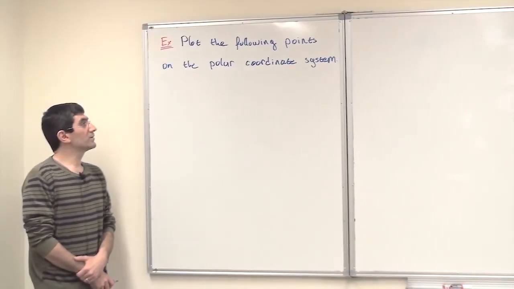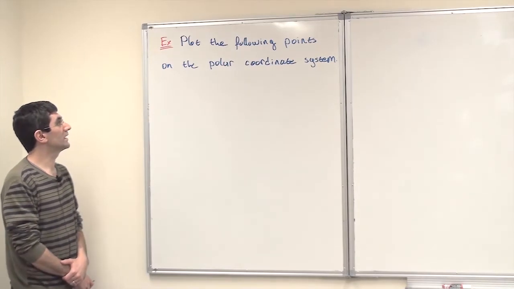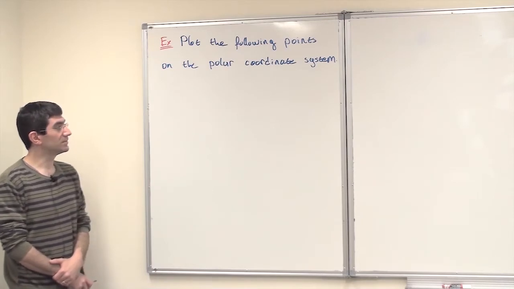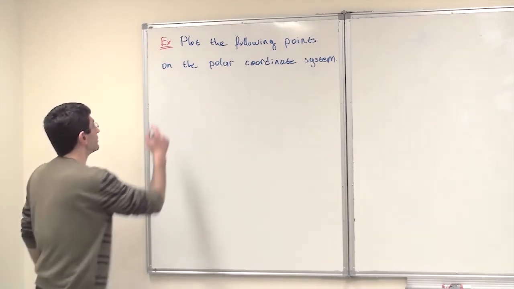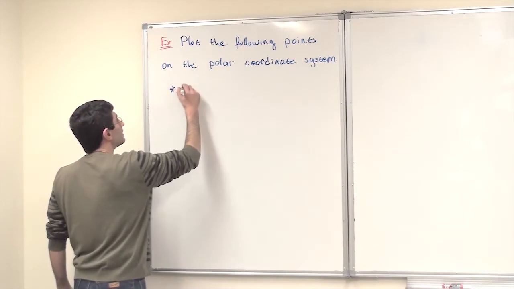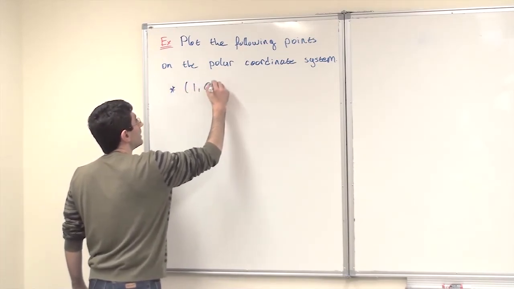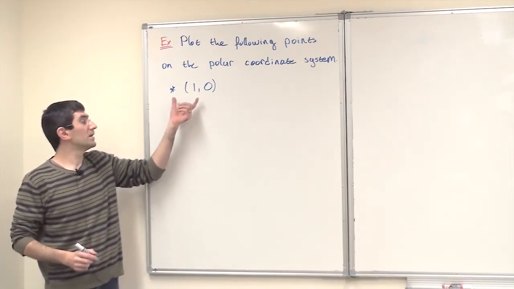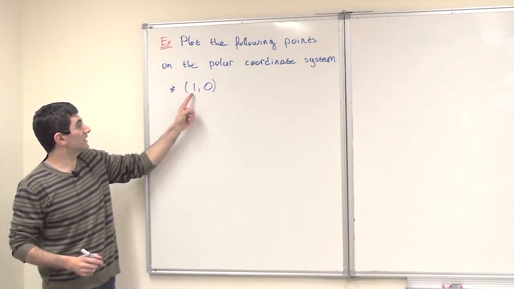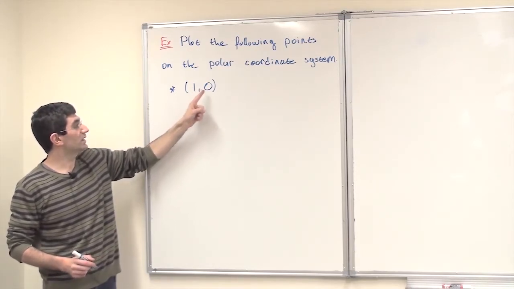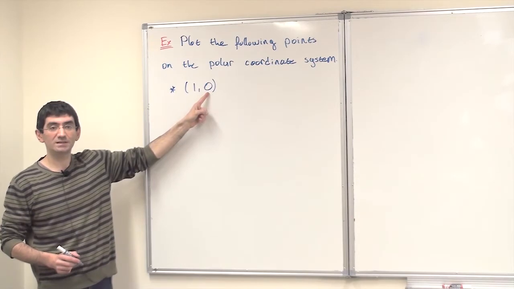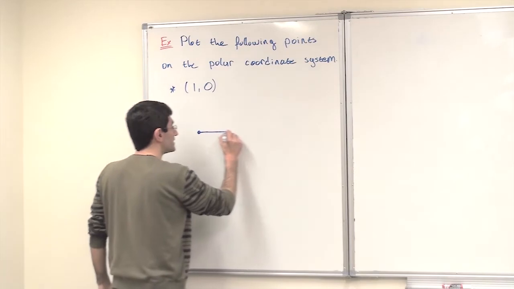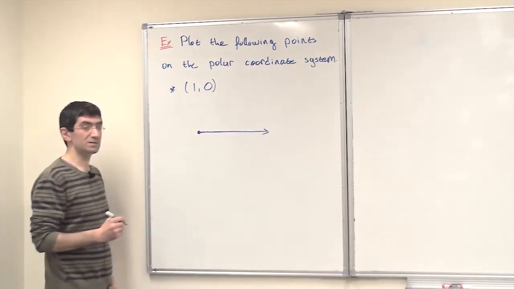Okay, now we are going to solve the following exercise, in which we are going to plot several points in polar coordinate system. So our first point will be the point 1, 0. So this means that we are given the value of r, which is 1, and we are given the value of the angle theta, which is 0. So to plot this point, we sketch our system.